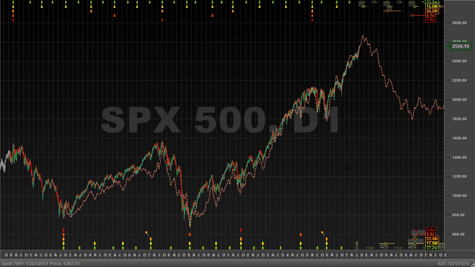So the software measures the cycle wavelengths and the amplitudes, and it puts that information together and generates the composite model line, which is effectively the line that the market would have followed if the only thing that was influencing the market was the cycles that have been found in this particular analysis.